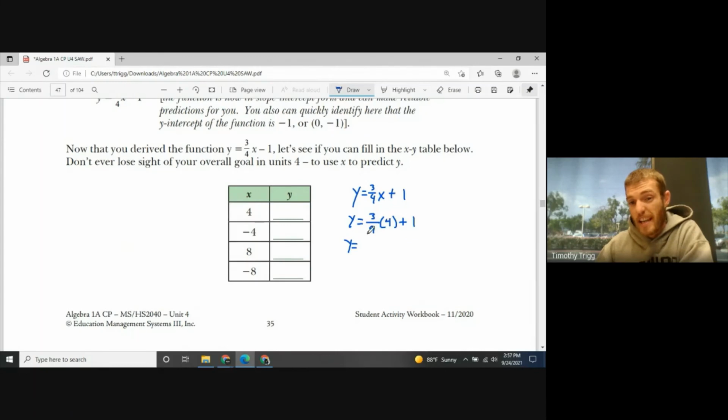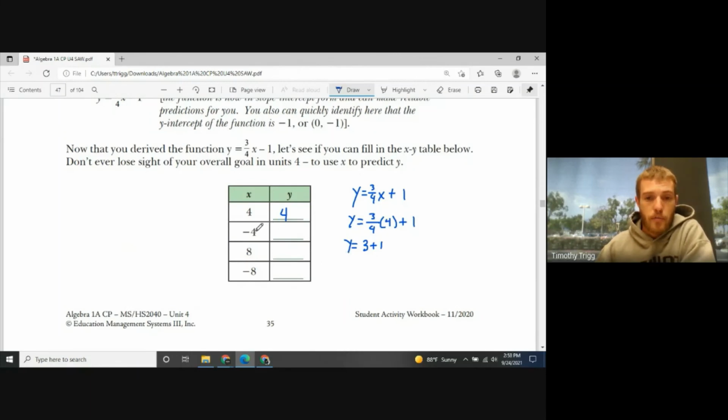Those 4's just cancel each other because you're essentially saying 3 divided by 4 and then times 4. Then minus 1 gives you 2. So (4, 2) is a point on this line.